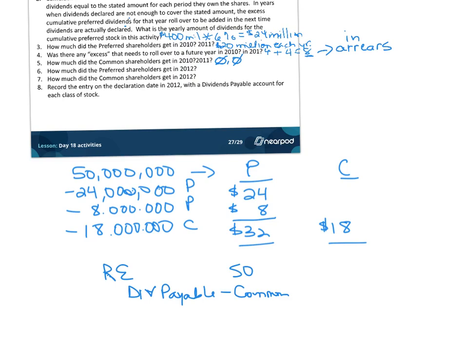So I can see how much in dividends payable is going to each class of stock. We'd have 18 and 32. That would be that.